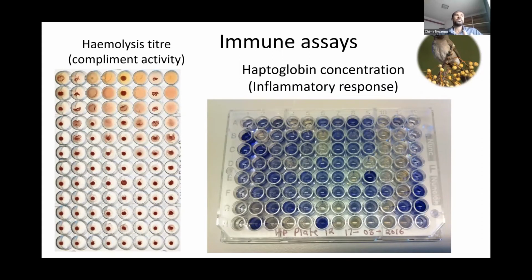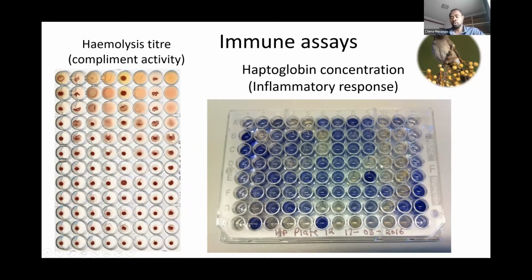So you can look at it as a very simple way of testing how the bird's plasma deals with foreign cells. The lower the concentration that destroys the rabbit red blood cell, the stronger the immune function of that individual bird.